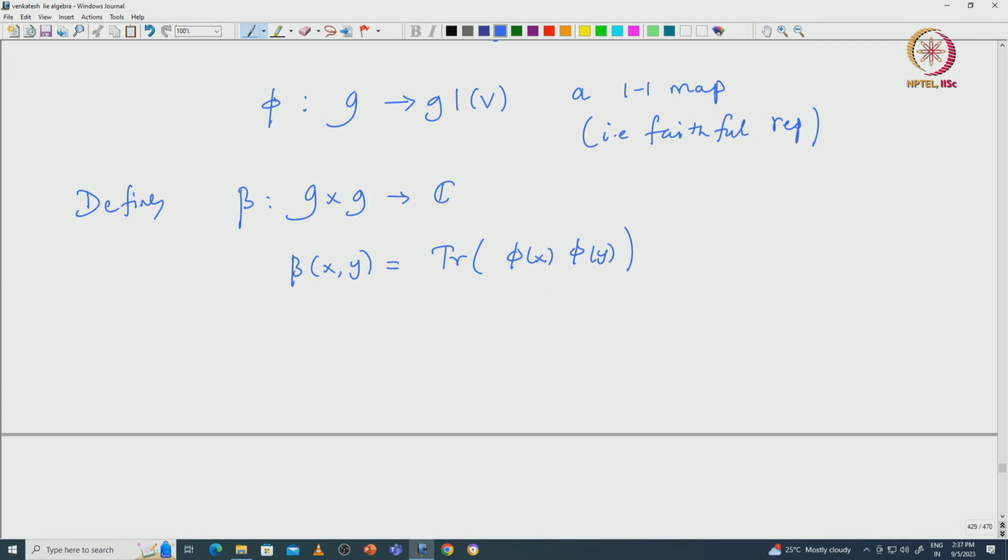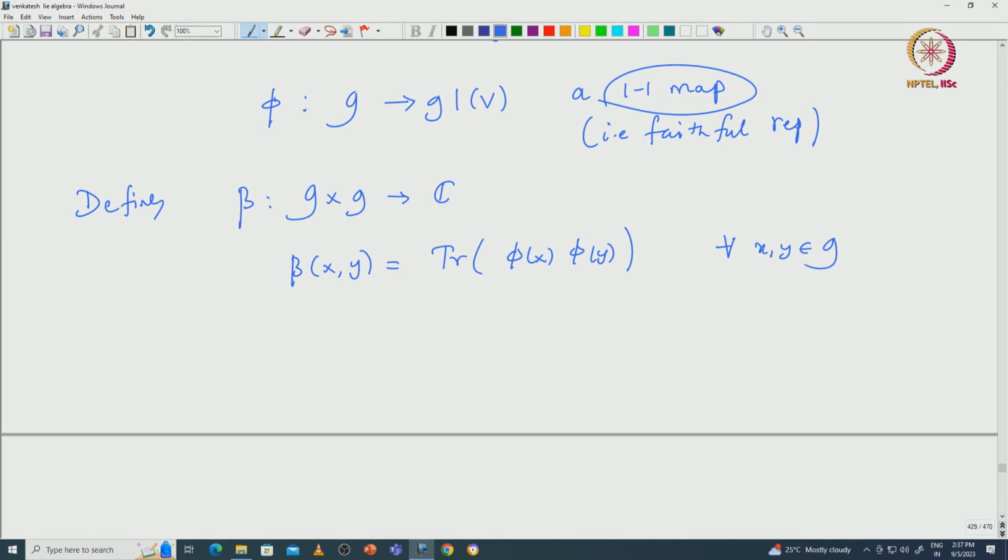Indeed, we will see later that this map being one to one is actually not that important. One can define the Casimir element for any given representation. We will come to that later. First, we will consider this particular case, defined for each x, y in g.